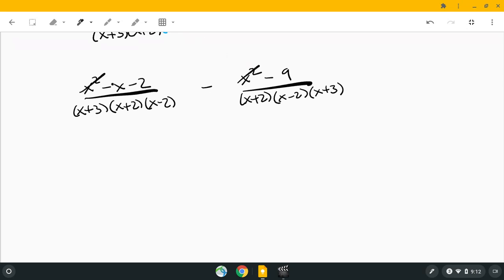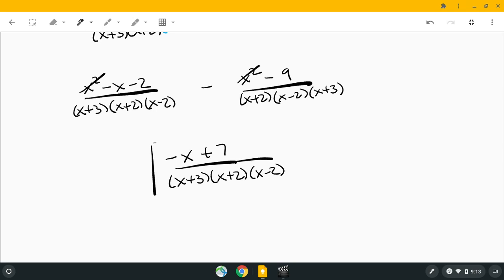All right, and then I only have the negative x, so let's bring that down. And then I have negative 2 minus negative 9. Minus negative 9 is positive 9. So negative 2 plus 9 is 7. And there you have it. This is your answer.